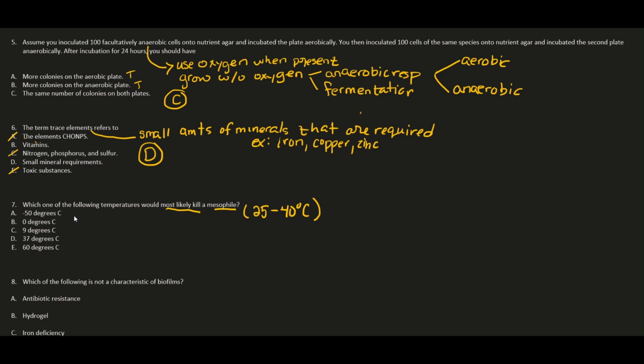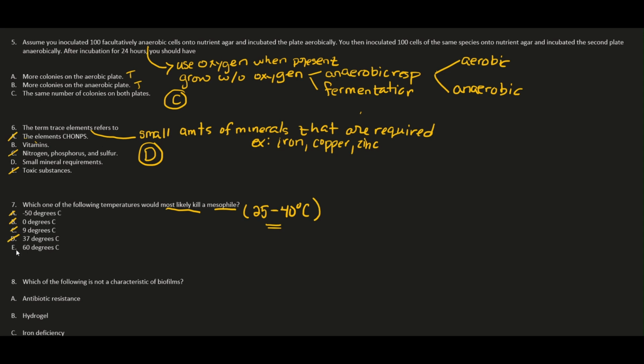We have A, minus 50 degrees. It could kill it, but most likely it would stop growth or slow it down. So it would not be minus 50. 0 degrees would slow down the growth. 9 degrees would slow down the growth. 57 will fit right in the range of its optimal, so it would not kill it.